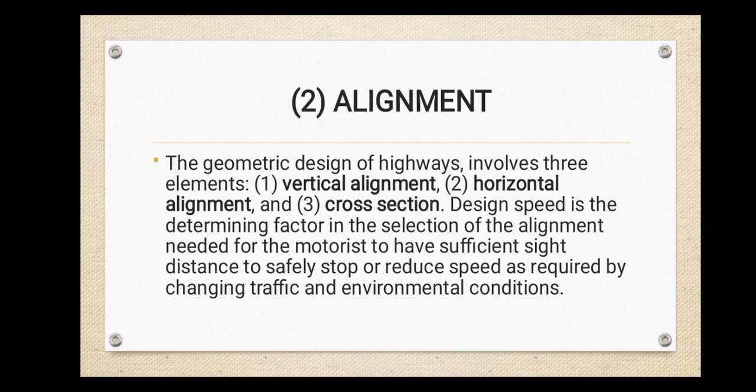Design speed is the determining factor in the selection of the alignment needed for the motorist to have sufficient sight distance to safely stop or reduce speed as required by changing traffic and environmental conditions. A safe design ensures that traffic can flow at a uniform speed while traveling on a road that changes in a horizontal or vertical direction.